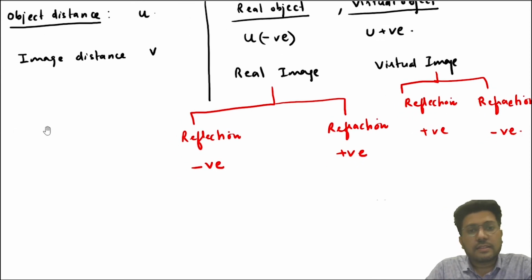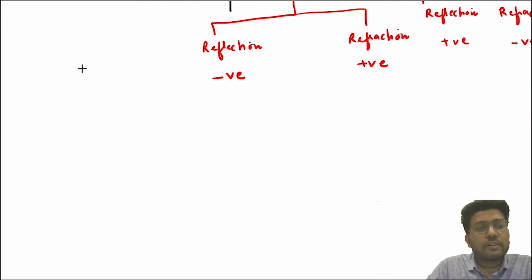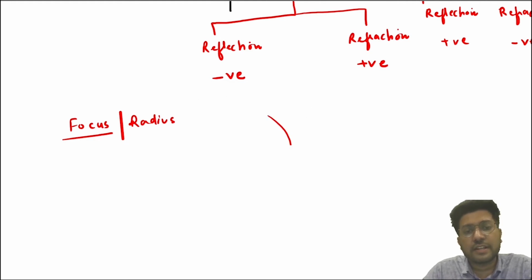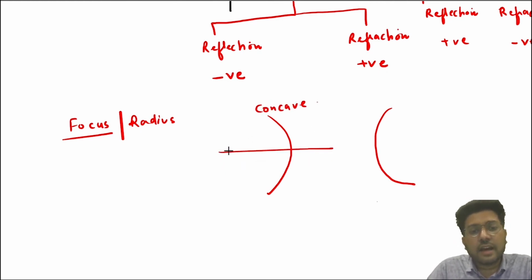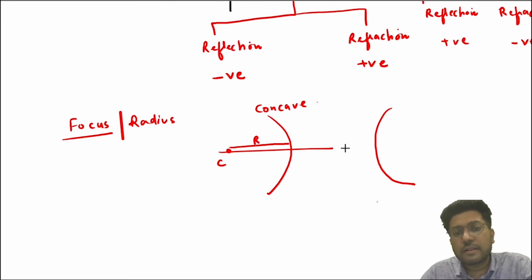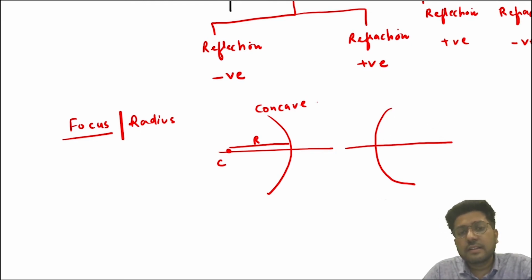Then comes focus or the radius of curvature, sign convention of focus or the radius of curvature. See, for a concave mirror, we know that the center is in front. That means the radius is in front. Radius is measured in front of the instrument. But for a convex mirror, the radius is measured behind the optical instrument, right?